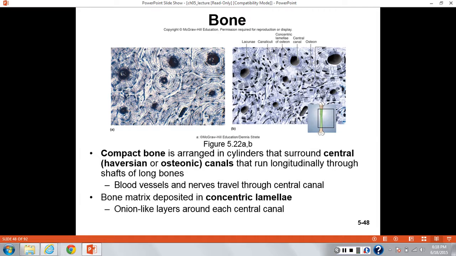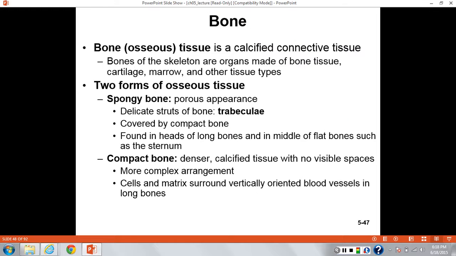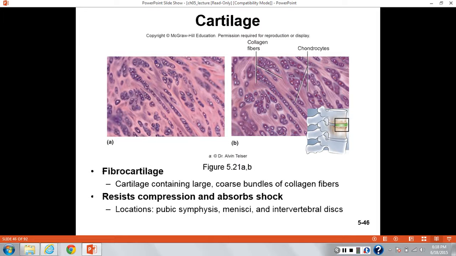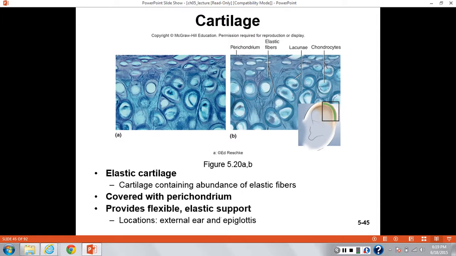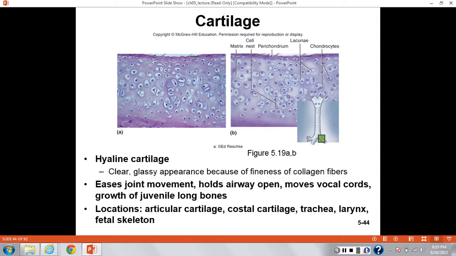Alright, it's different locations. You got different forms of it. But articular cartilage, that surrounds the outer part. Alright? So this is fibro in between the intervertebral disc. Elastic, the ear, hyaline. These are the places. Trachea, larynx, articular cartilage.